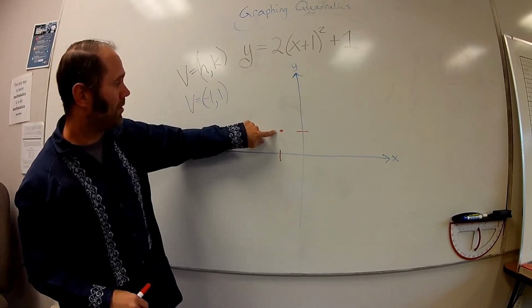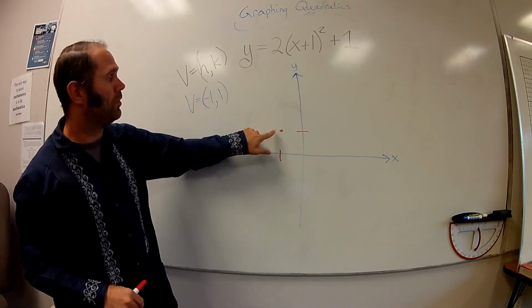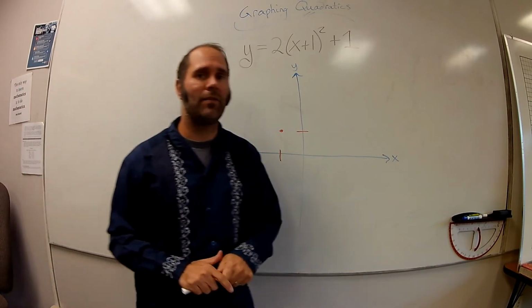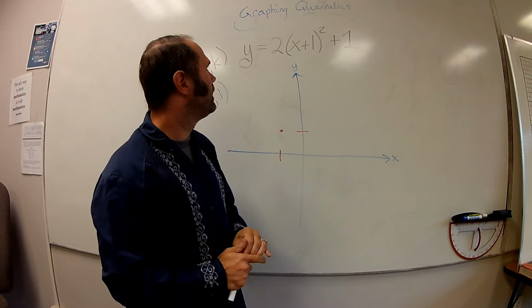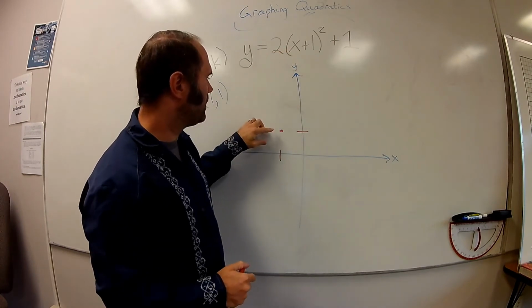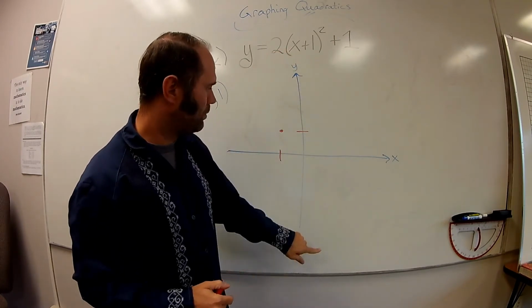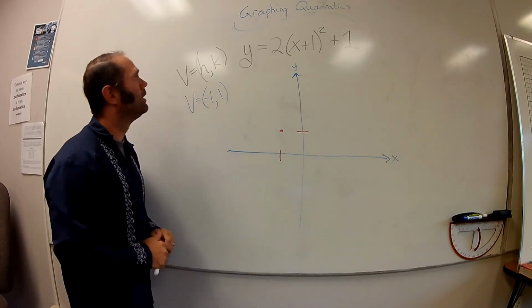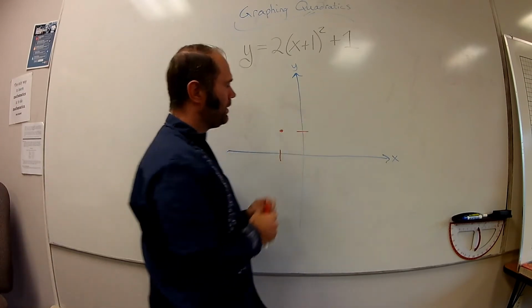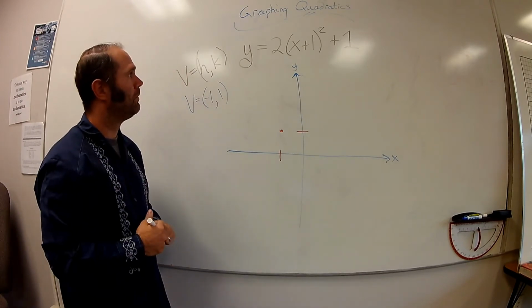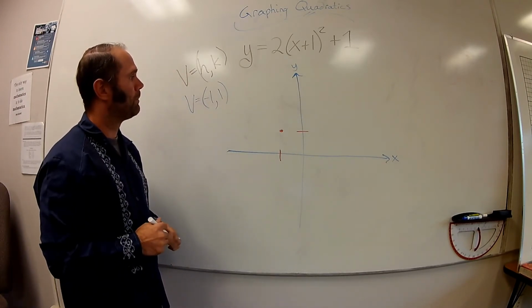That's the vertex. That is the either highest or lowest point. In this case, it's the lowest, and we know that because this is a positive number. If this was a negative number, then it would be the highest point, and the shape would be going down. So, since a is positive, it's pointing up. So that's how you can tell which direction you're going.